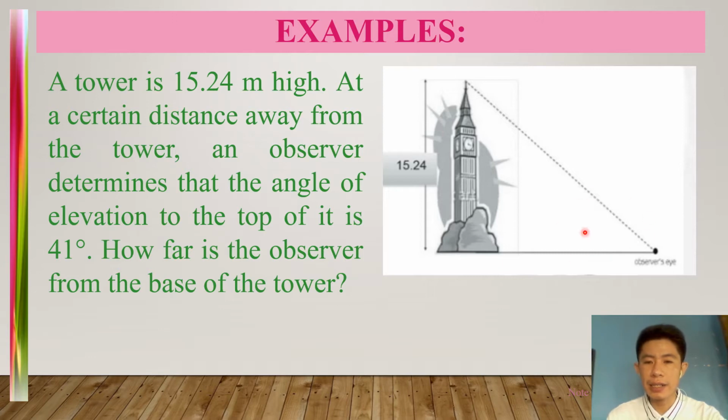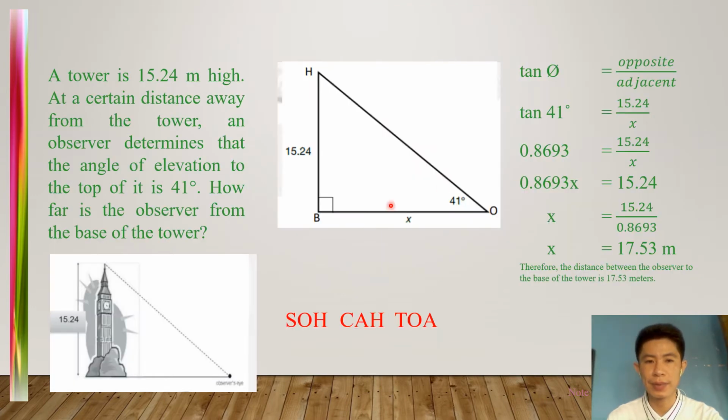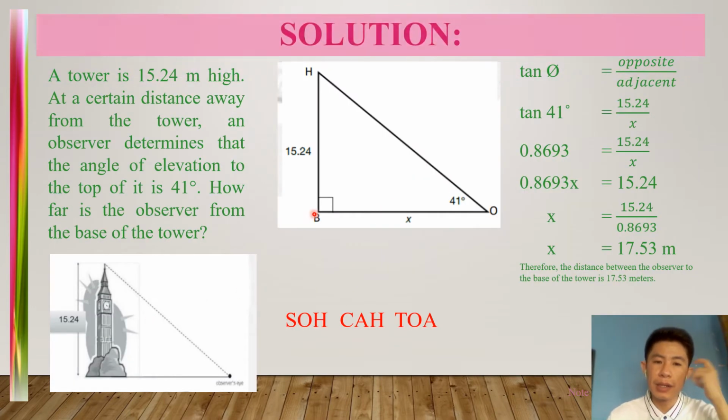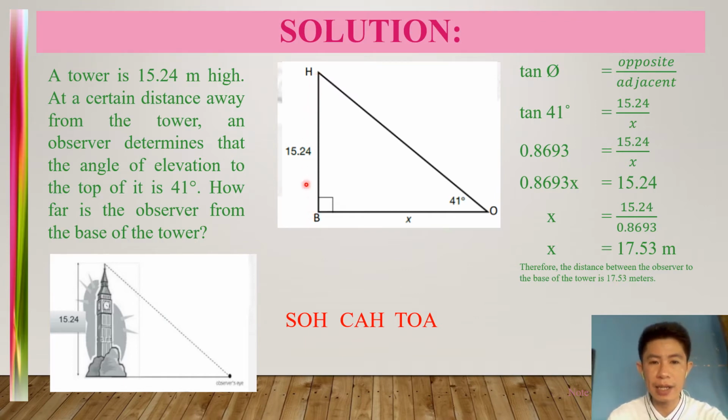Next, let us represent this problem by using right triangles. So suppose this is the tower, which is 15.24 meters, and this is the angle of elevation from the eye of the observer to the top, which is 41 degrees, and we are looking for the distance from the base of the tower up to the observer.